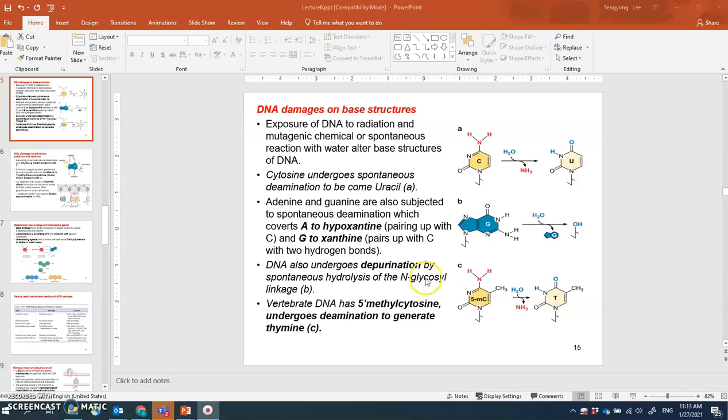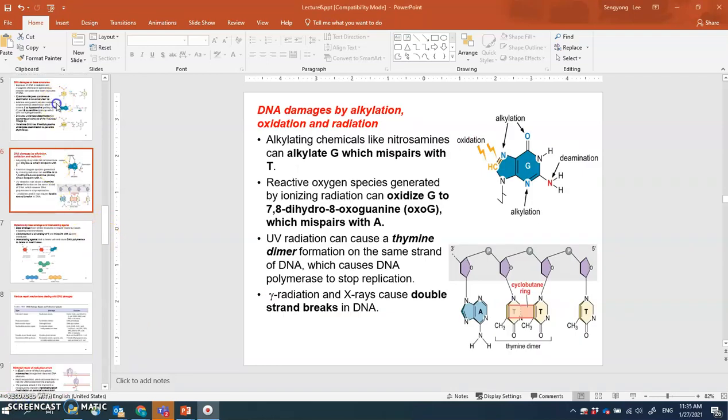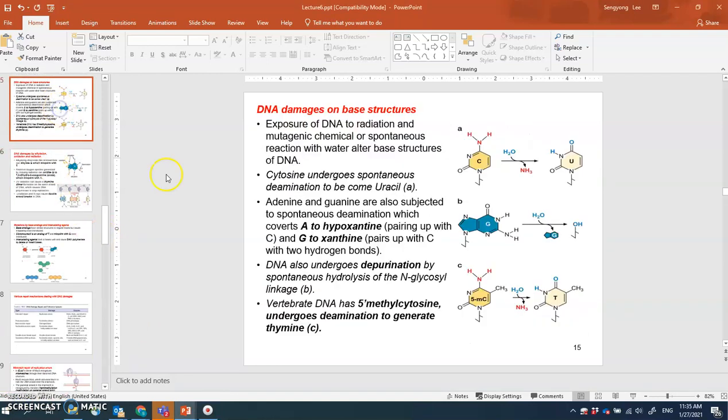So the entire purine can be removed. The entire base can be removed, and then you will be left with the sugar with the phosphate. If the base is gone, then DNA polymerase has no idea what it can add. So it will create a mutation because the entire base is gone. Then polymerase doesn't know what to add there.